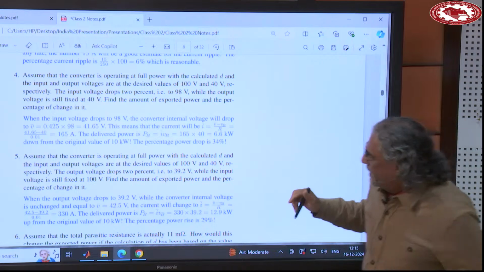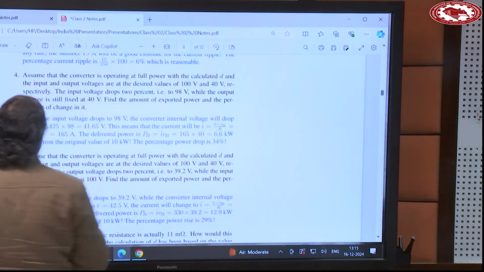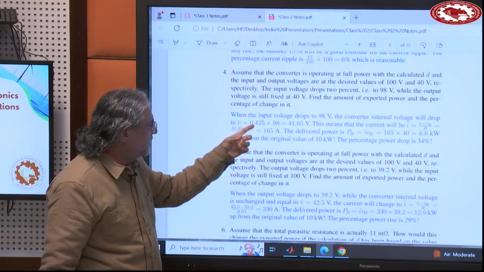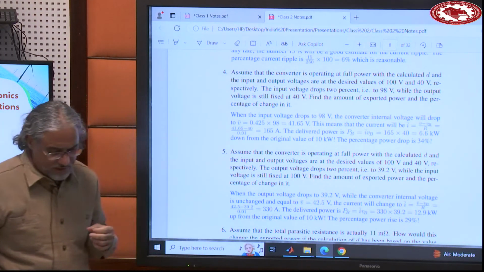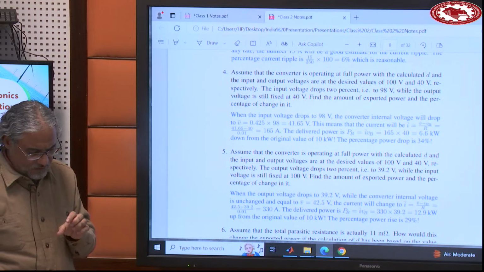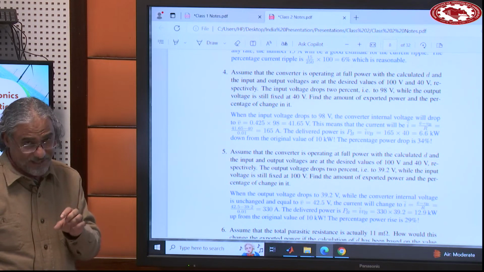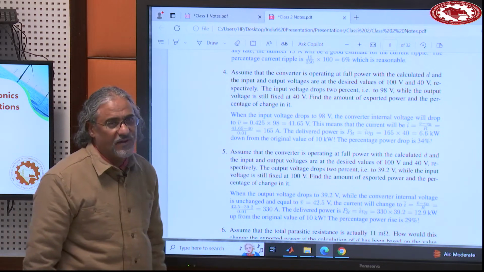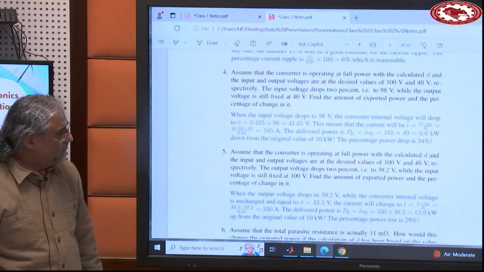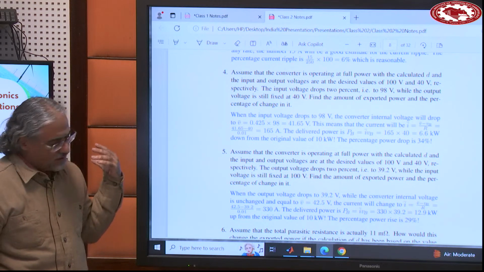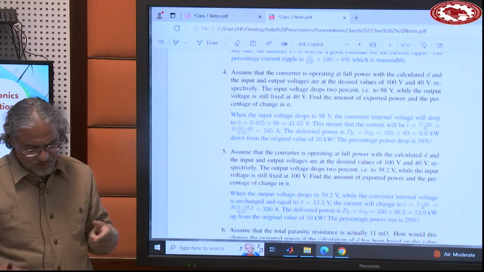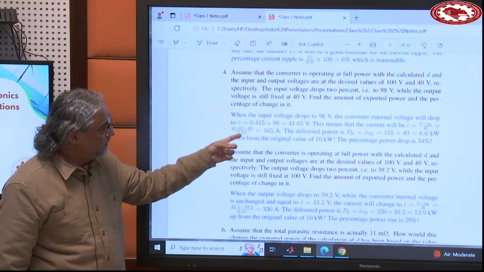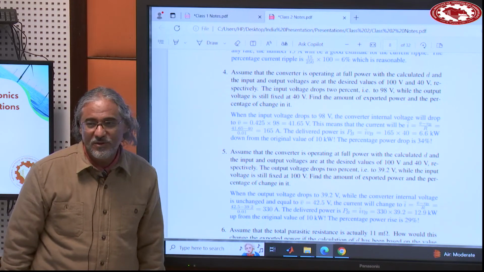But you see, the rated duty cycle is 0.425, I said 0.4. So at 0.425, the voltage that generates is 0.425 times 98, not times 100. And that is 41.65. And 41.65 minus 40 is the voltage across the resistor in the steady state, divided by the resistor, that gives you the current, 165.